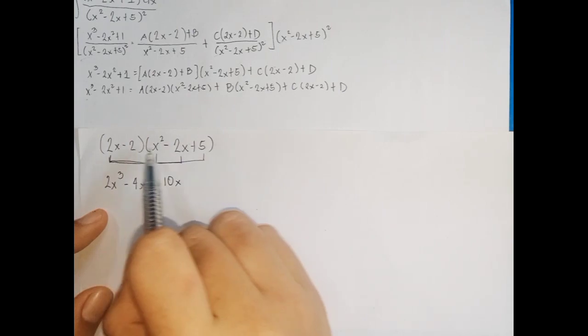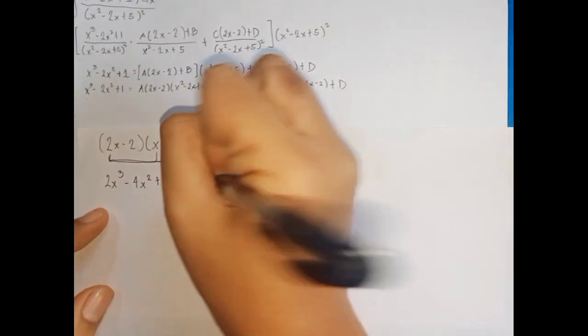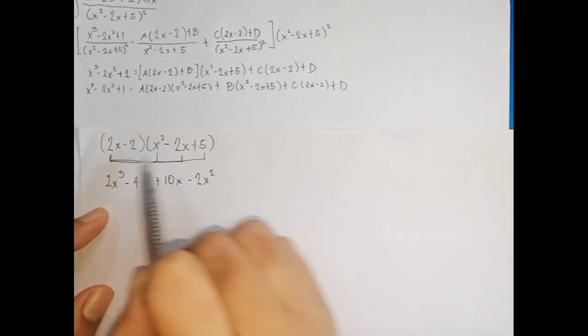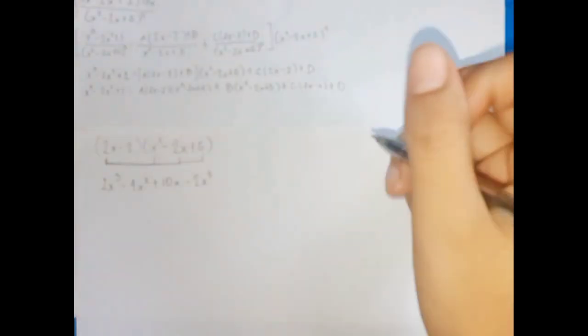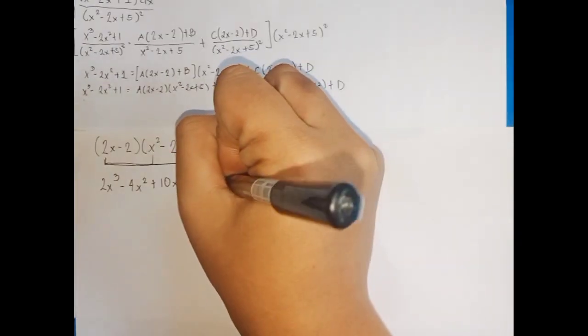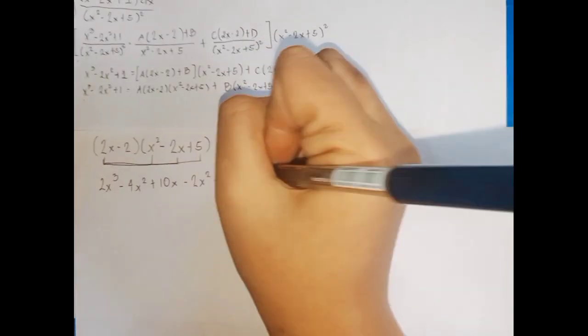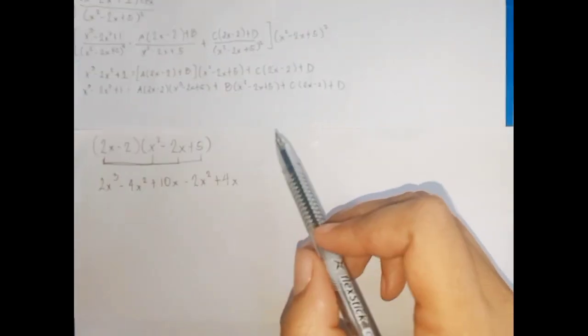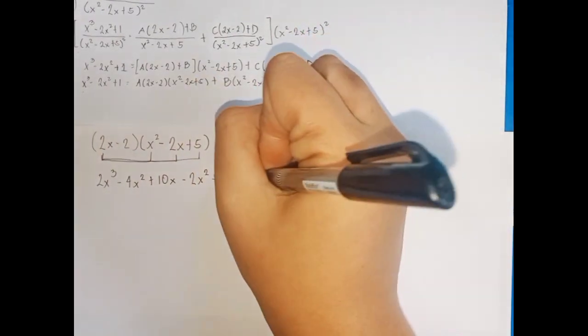Then negative 2 times x squared will be negative 2x squared. Negative 2 times negative 2x will be positive 4x. And then negative 2 times positive 5 will be negative 10.